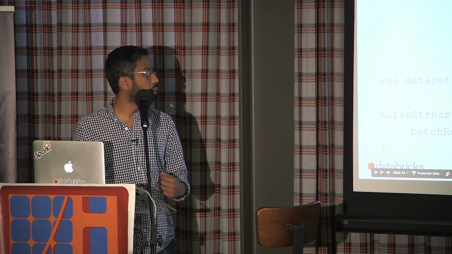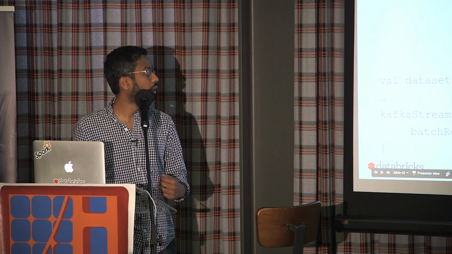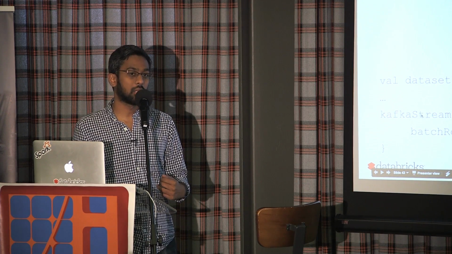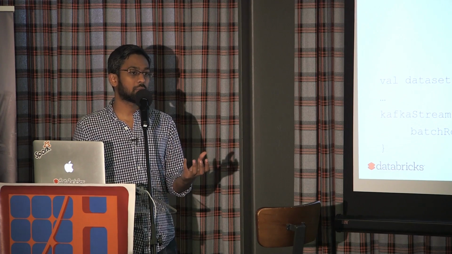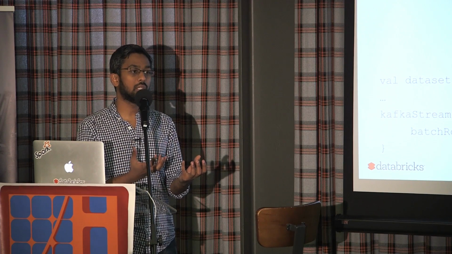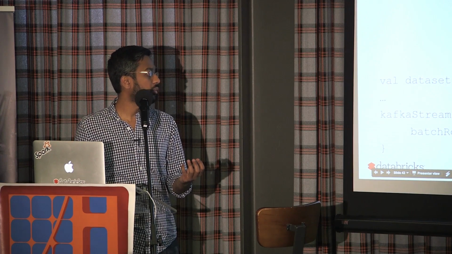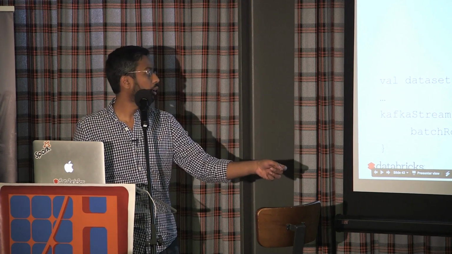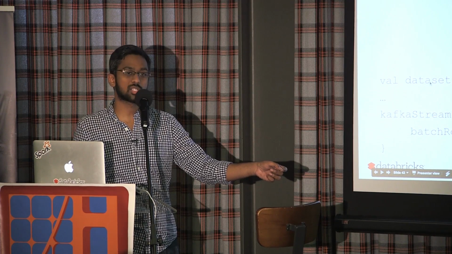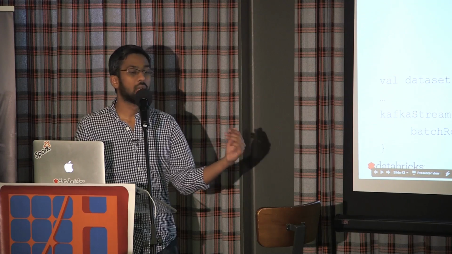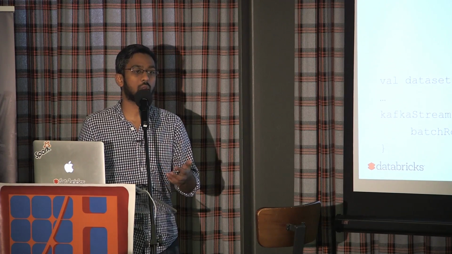So here I'm loading this file into an RDD, and I have a Kafka stream coming in, and I can say kafkaStream.transform. What transform provides is the underlying RDD in the DStream. So now I have the RDD, and I can join it with the static RDD that I got from some external source, and then do other operations.